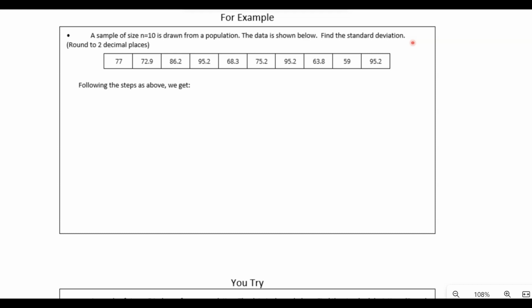Step 1 is to find the mean. So we add them all up, and then divide by how many there are.